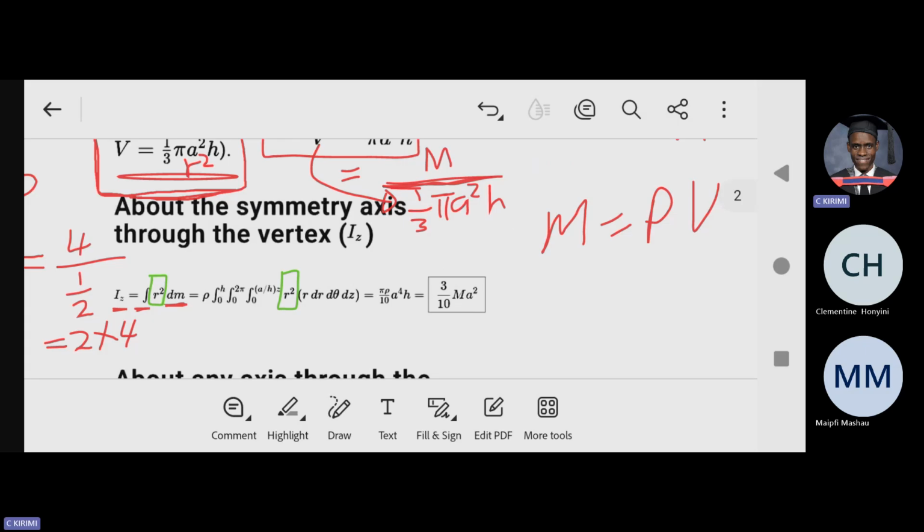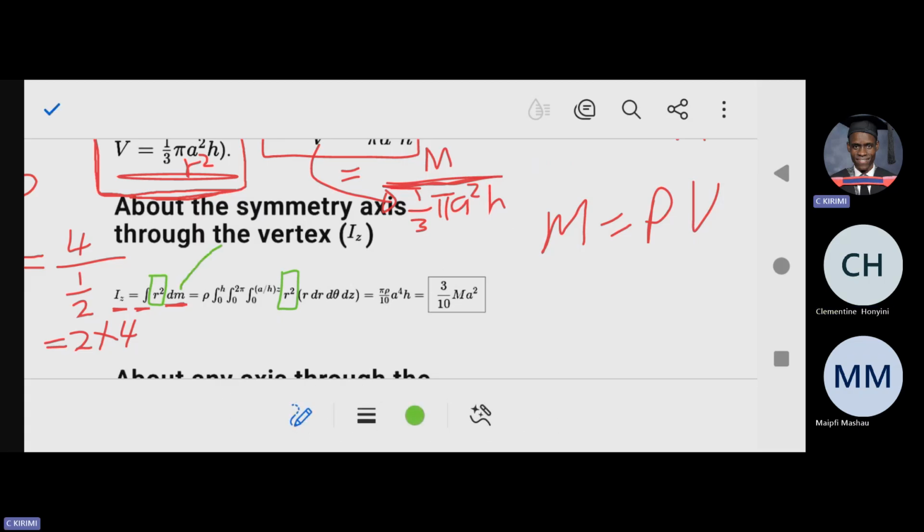Instead of using dm, can you see the dm? You are not seeing the dm, this one? Yes, change in mass. That is the one which we said volume, density times what? Times volume. Volume, yes. So the density is this rho, which is outside the integral.